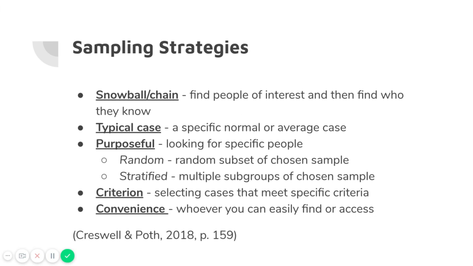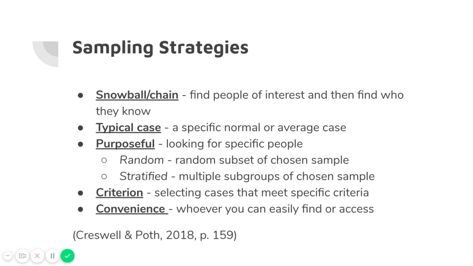You can also have stratified purposeful sampling, in which there's layers and multiple subgroups within your chosen sample. There's also criterion sampling, and that's when you select a handful of cases that meet a specific criteria that you've set. So counseling supervisors who are African American and at the doctoral level and under 60.